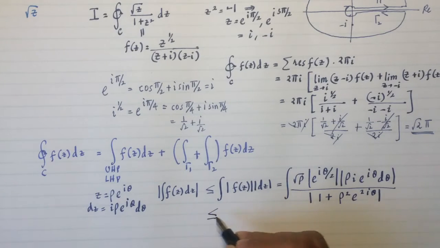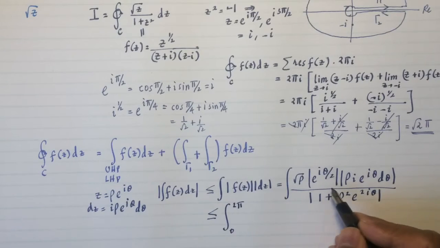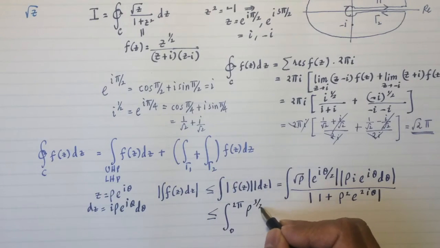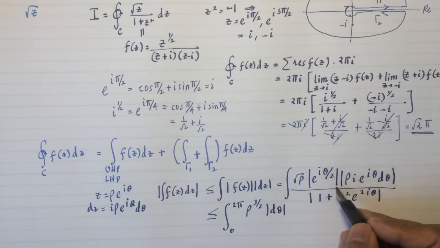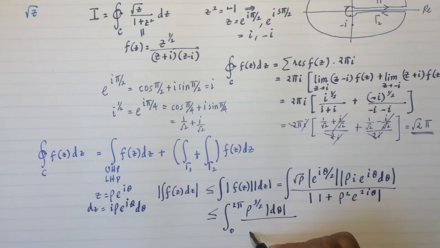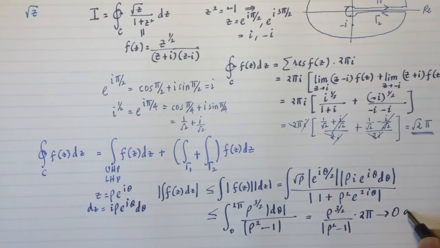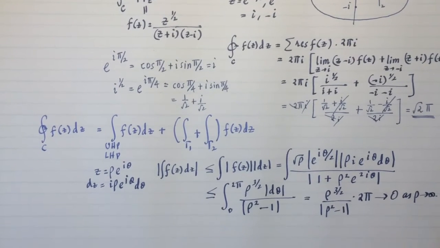So this is going to be less than or equal to the integral from 0 to 2 pi of rho to the 3/2, because I have root rho and rho, and then d theta, all the absolute values of e to the i theta over 2 i, etc. It's just 1, divided by 1 minus rho squared, which you can write as rho squared minus 1. And this can be evaluated. It's just rho to the 3/2 over rho squared minus 1 times 2 pi, which goes to 0 as rho goes to infinity. So we are done with that expanding contour argument.